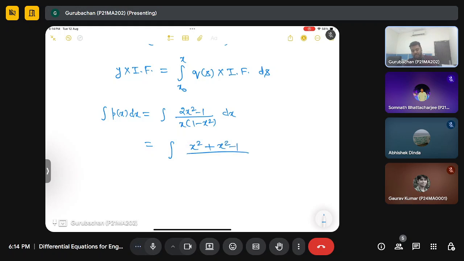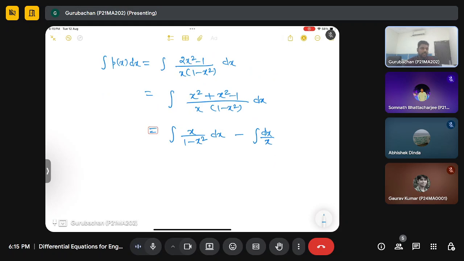If you rewrite it in this form, then we get to know that this is nothing but integral of x/(1 - x^2) dx, and in fact with the negative sign, dx/x. Now clearly the numerator is nothing but the differentiation of the denominator, so if you multiply and divide by minus 2x, this will be the integral of -2x/(1 - x^2) dx minus integral of dx/x.